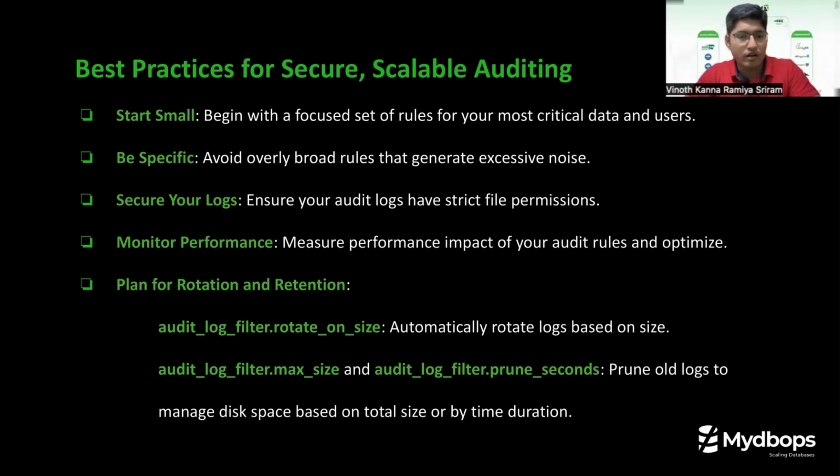And if you are in a highly concurrent database environment, measuring the performance impact also comes into play. Audit Log Filter exposes a lot of status metrics, like we have explained in the earlier slides. Okay. Observe the performance indicators like log waits, how it is trending when there is a peak workload on your database.